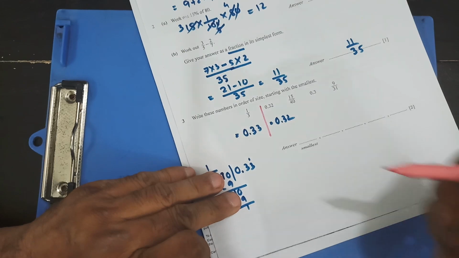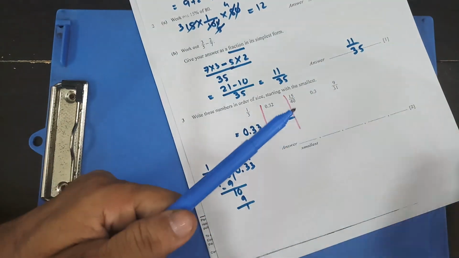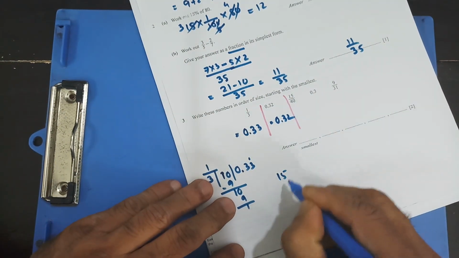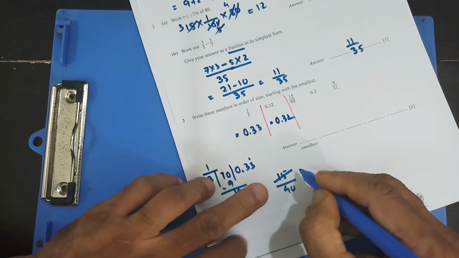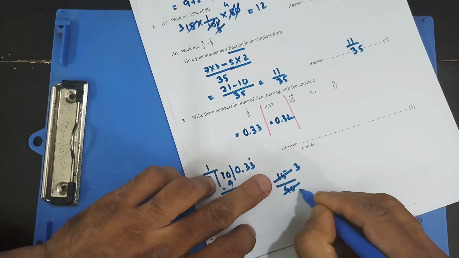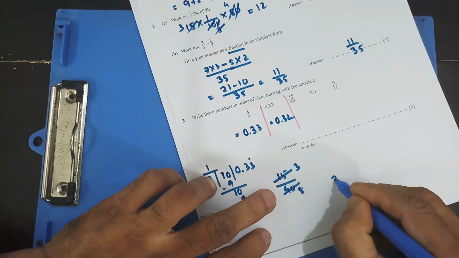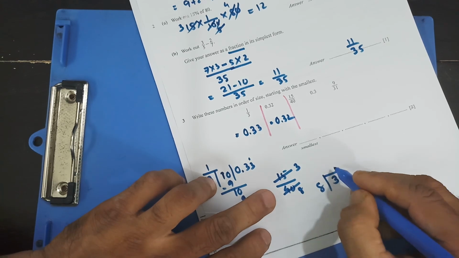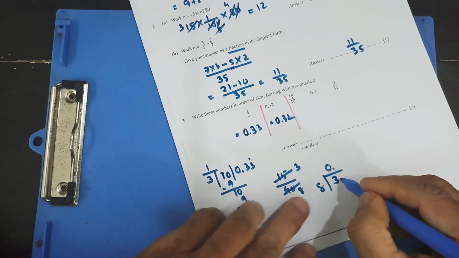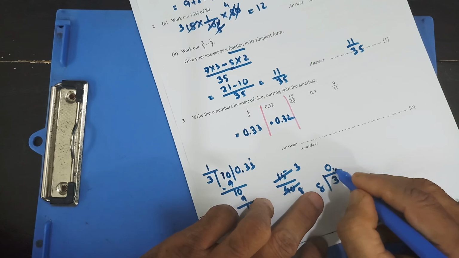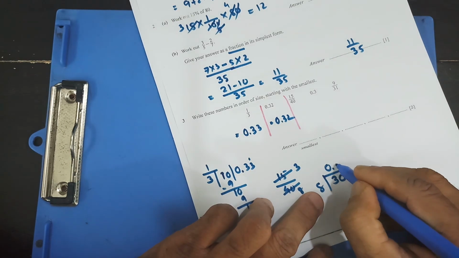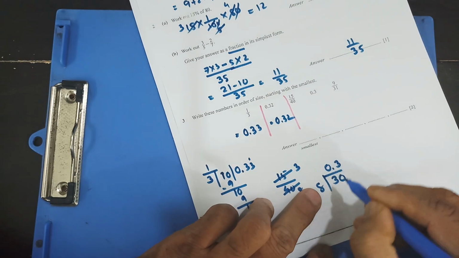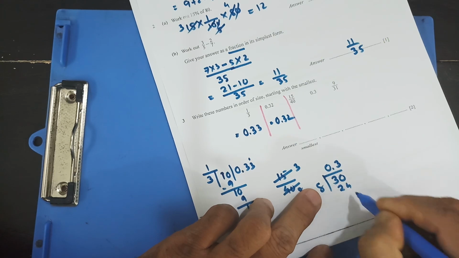0.32, and then 15 by 40. So cross that out. 5 3s are, 5 8s are. So if I divide 3 by 8, same way, so that's 0.0, taking a 0 over here. So 8 goes in there 3 times. 3 8s are 24.